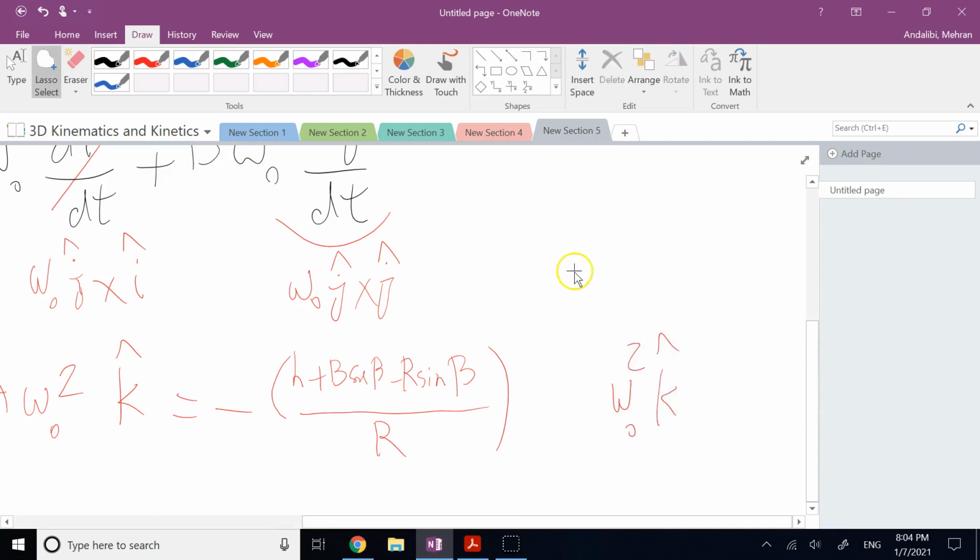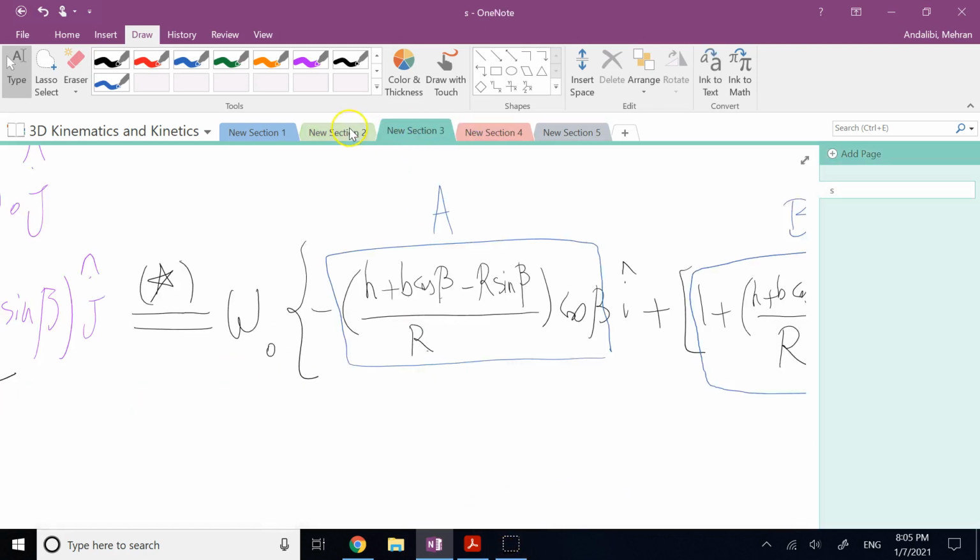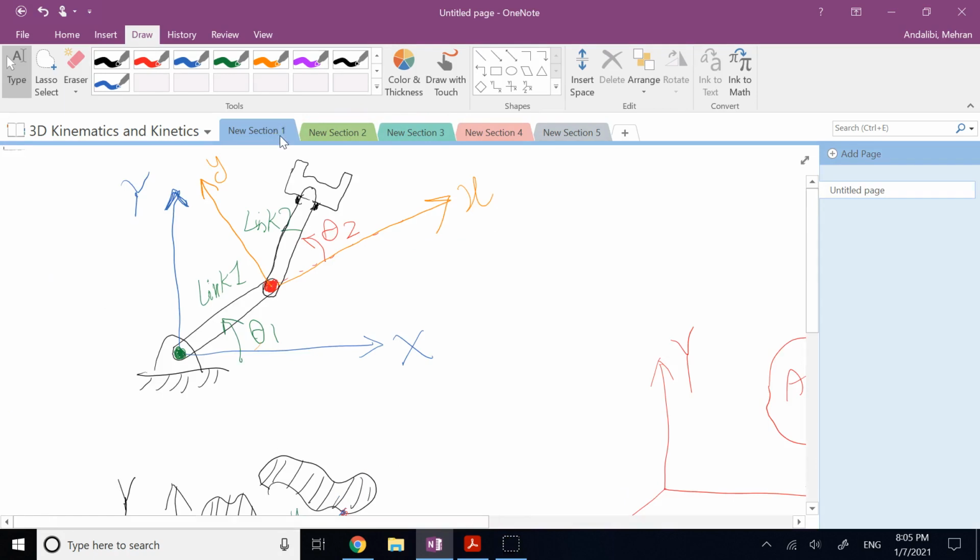We need to bring this a little bit to this side and multiply this whole thing by cosine beta. Okay, so this is your alpha, and that's it. Again, it is time consuming, but that's how you deal with kinematics of 3D objects.